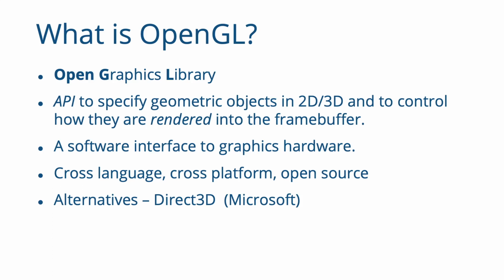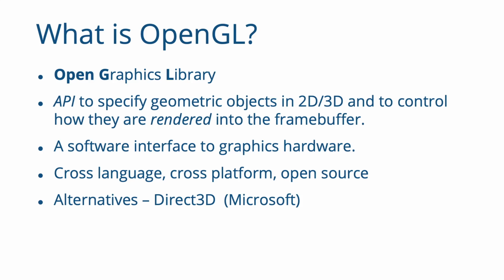OpenGL is also the interface between our application program and the graphics hardware. So it is a software interface to graphics hardware. The good thing about OpenGL is that you have bindings for the OpenGL API in many languages. So in C++, in Java, in Python, in Rust, and so on. So it's cross-language. It is cross-platform.